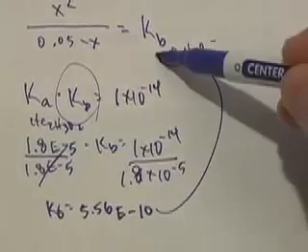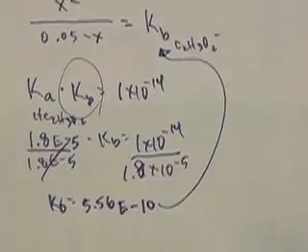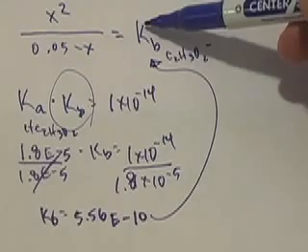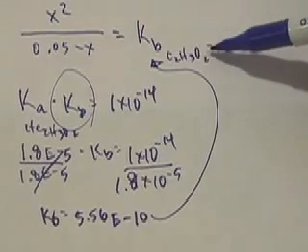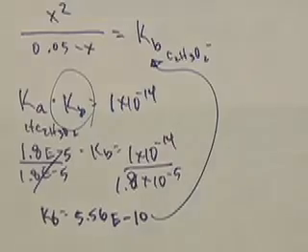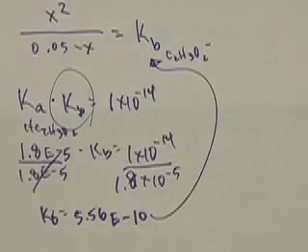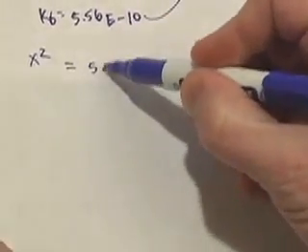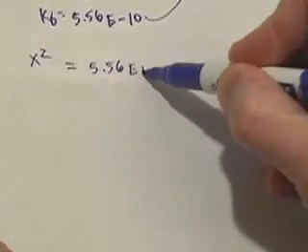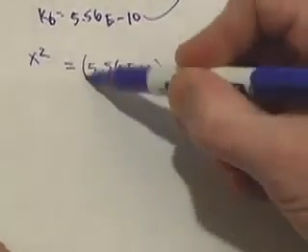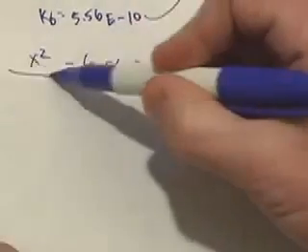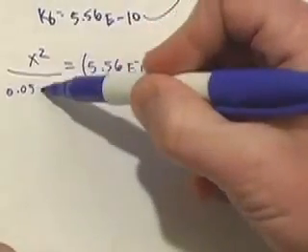I can now put this into my calculation right here, and I'll slide this paper up just a little bit. Notice I'm putting it in for Kb now, because that's my Kb of the C2H3O2-, the conjugate base of acetic acid. So I've got X squared is equal to 5.56 e to the negative 10th, forget the negative sign there, and then this is divided by 0.05 minus x.